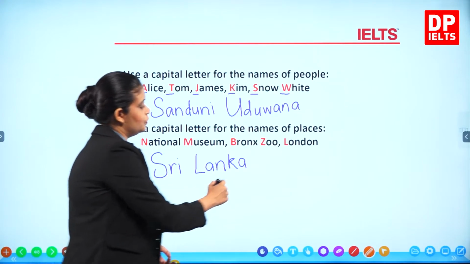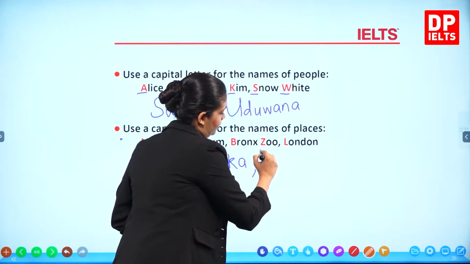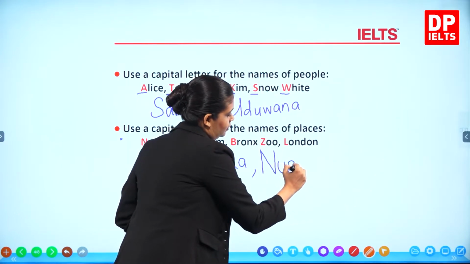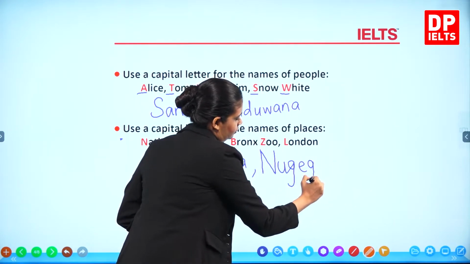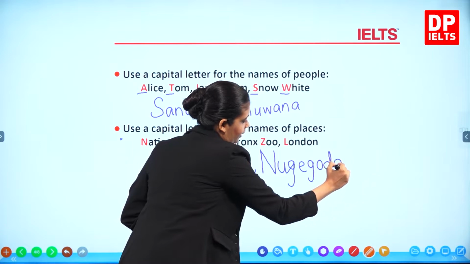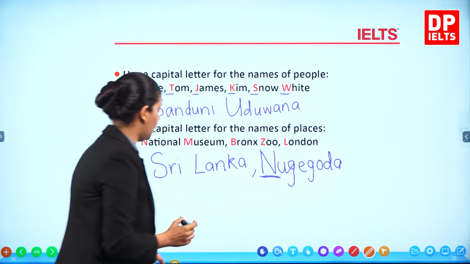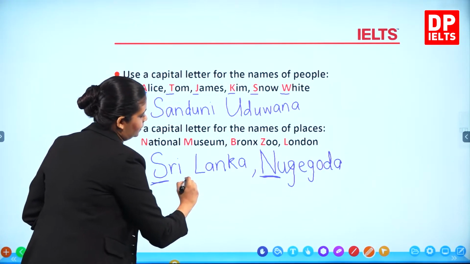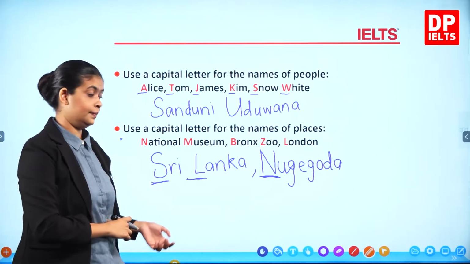So I would use N because it's Nugegoda. Again, the letter N is capital, S is capital, Sri Lanka is capital.